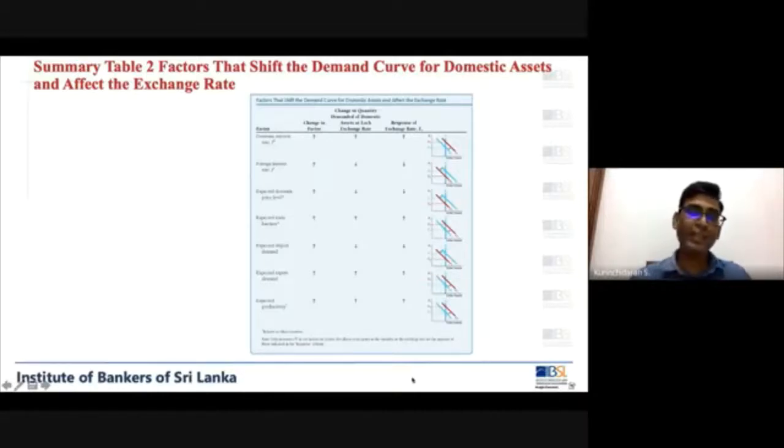Then let's see what will happen to expected trade barriers relative to other countries. Now comparing with Europe, if the expected trade barriers increase in the US, what will happen?